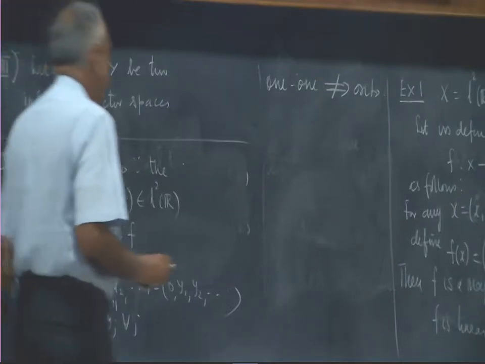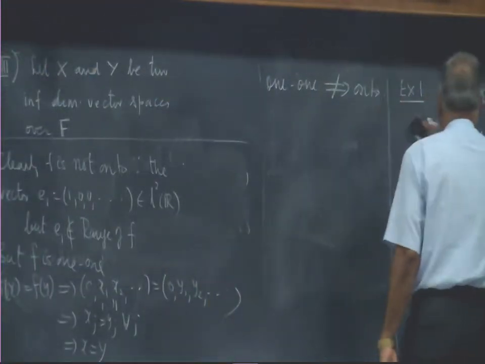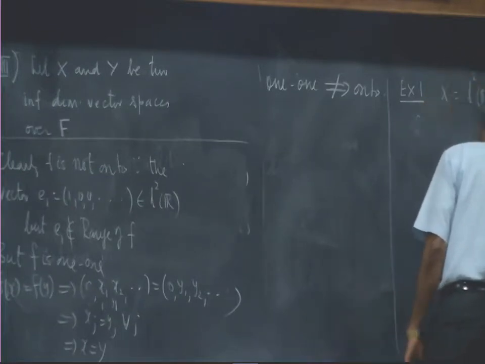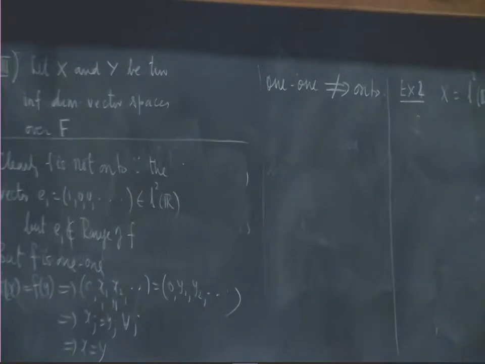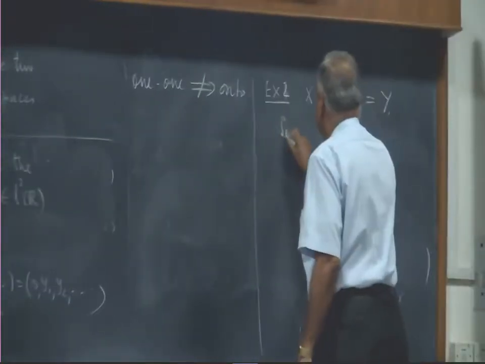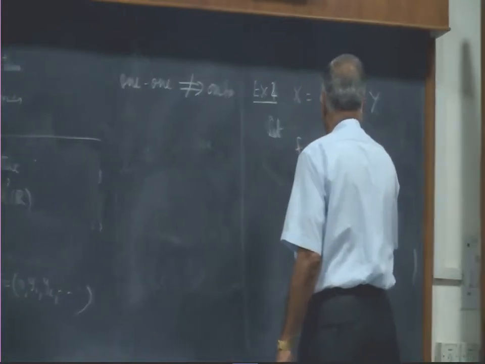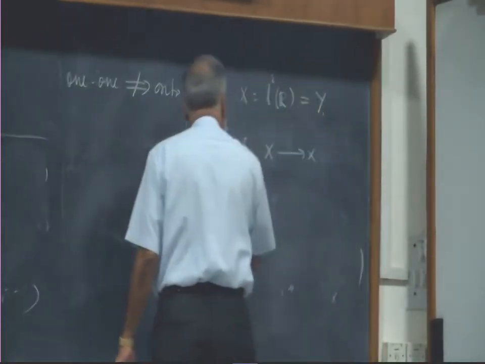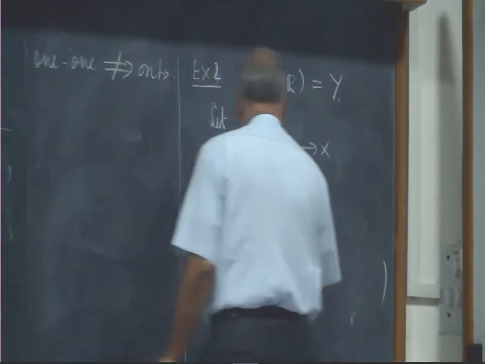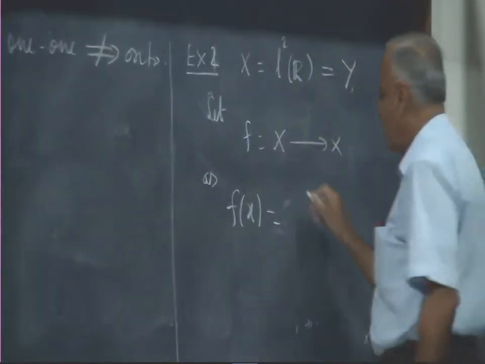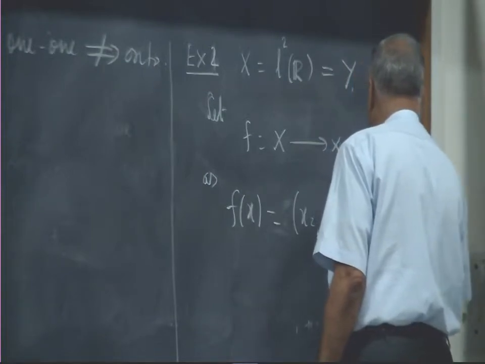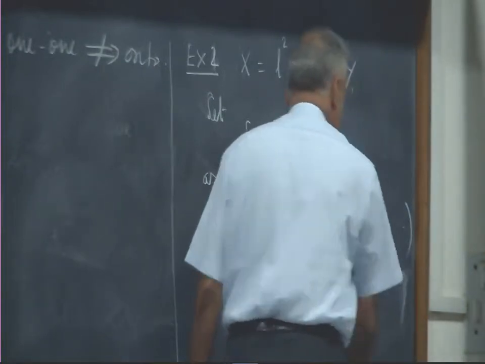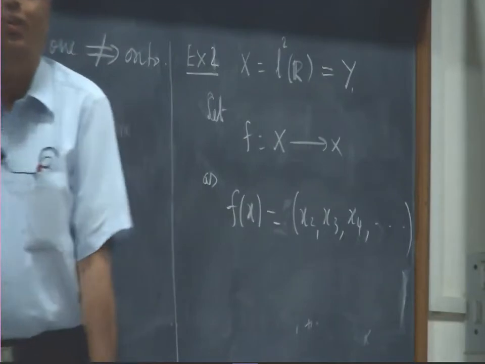Let me give another example. Example 2, it is the same situation again. Take the same spaces and then define f from X to X as, now the code of x, previously we shifted to the right, let me shift it to the left. Now what about this function?